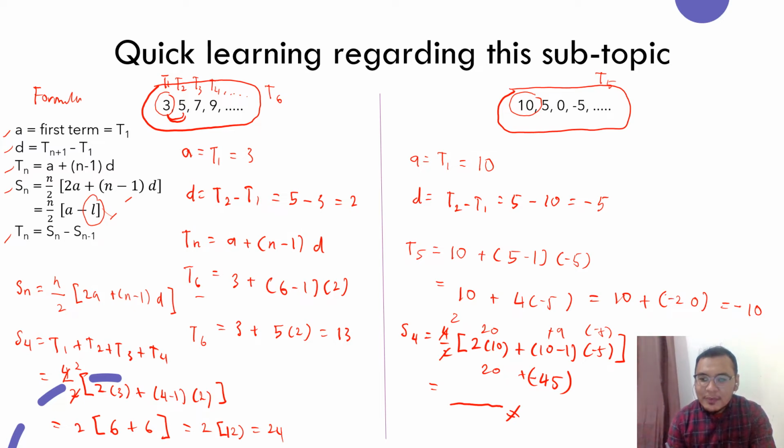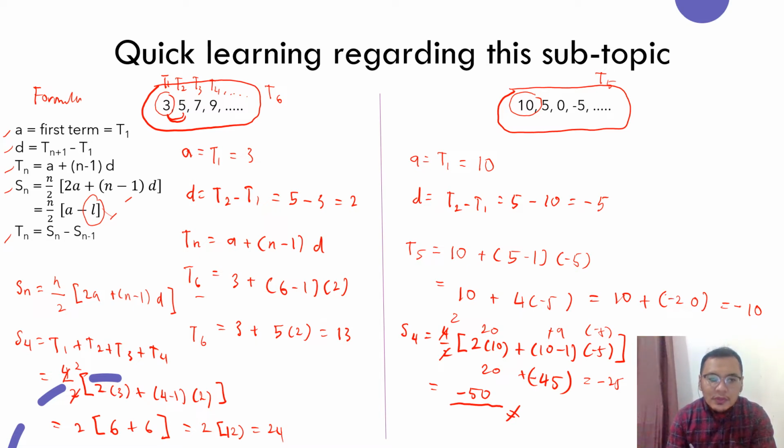So 20 plus negative 45, we get minus 25. So minus 25 times 2, we get minus 50. So the answer is minus 50. That is for the sum.